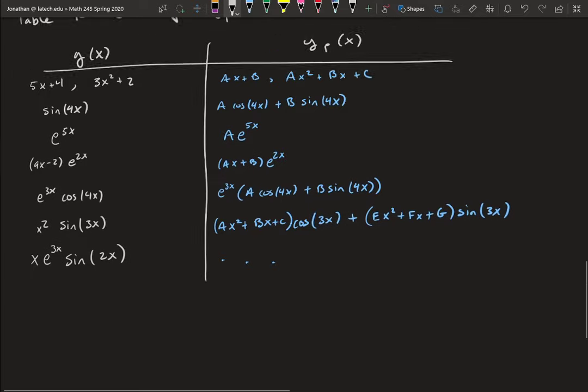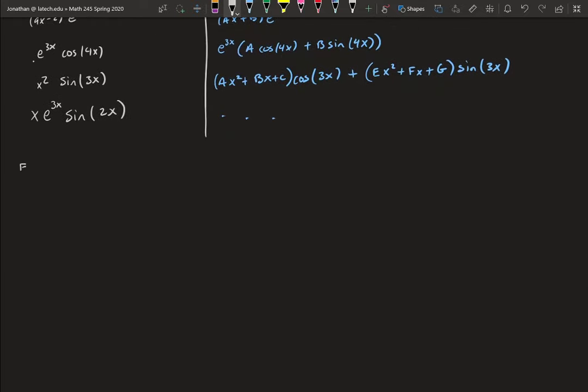We'll wrap it up after this example. Say we've got y double prime plus 4y equals x cosine x. Guess the form of yp of x, naively, because we have to take into account something next time.